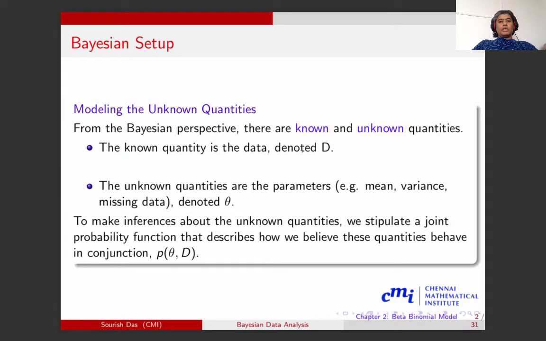The known quantity is the data, typically denoted as D. The unknown quantities are the parameters, typically mean, variance, it could be missing data, or the variable we want to predict. We denote them with theta. To make inference about unknown quantities, we specify a joint probability function that describes how we believe these quantities behave in conjunction, the joint probability of theta and data.